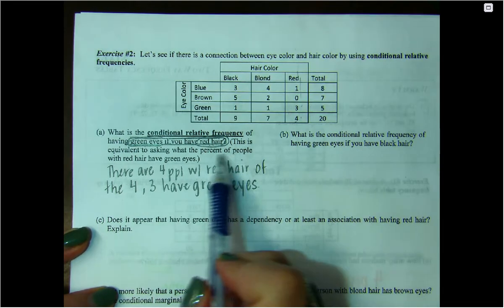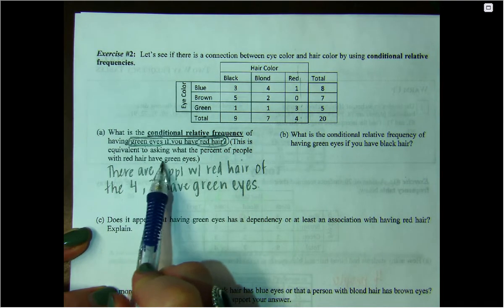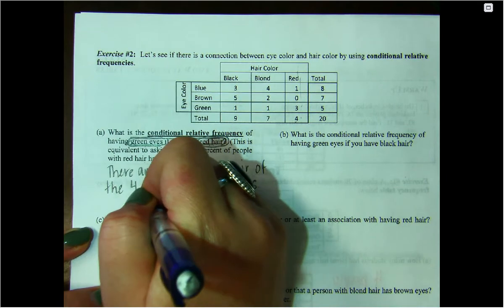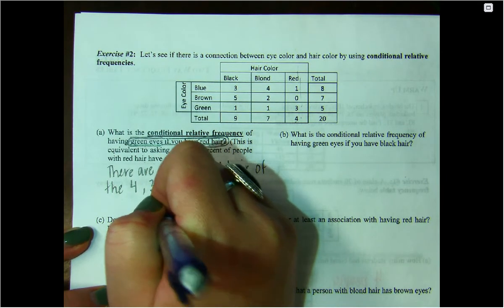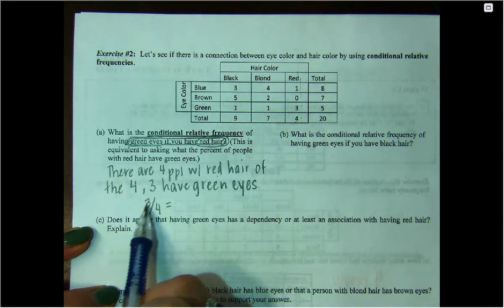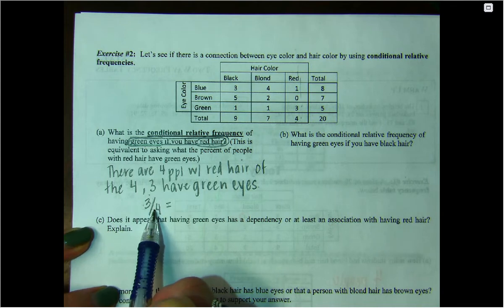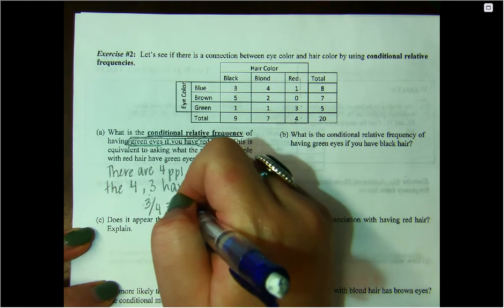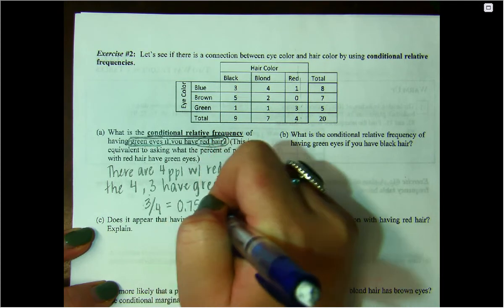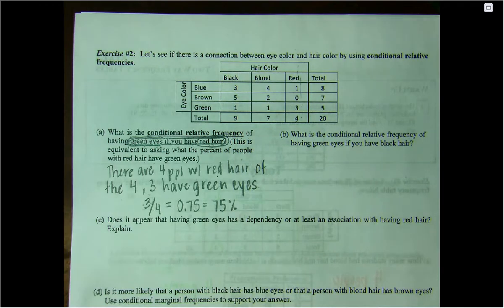Okay, this is equivalent to asking what percent of people with red hair have green eyes. So 3 people out of 4 have this trait. Okay, so 3 people have green eyes out of the 4 that have red hair, okay, which is 0.75, aka 75%. Okay.